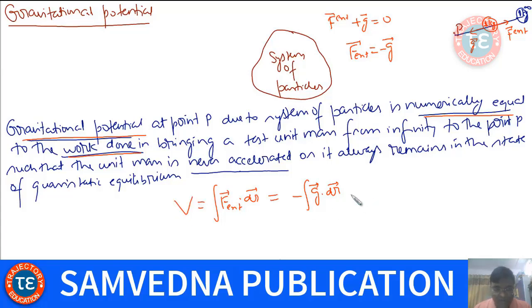We call it V. Gravitational potential is denoted by V, from infinity to R. Say I choose a coordinate system, and suppose this is at R. So the work done in bringing the particle of mass 1 kg from infinity to point P such that it always remains in quasi-static equilibrium: in order to keep it in equilibrium, your external force must be equal to minus G, so minus G dot dr, like this. Get your point? So that's the definition.